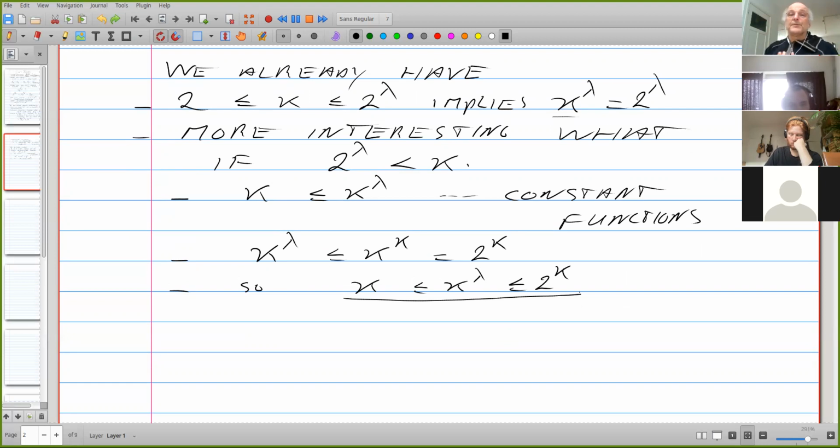We know that kappa to the lambda cannot go arbitrarily far above kappa. It has to stay below or be at most equal to 2 to the kappa. And then, of course, you can ask, is that it? No, there is more.